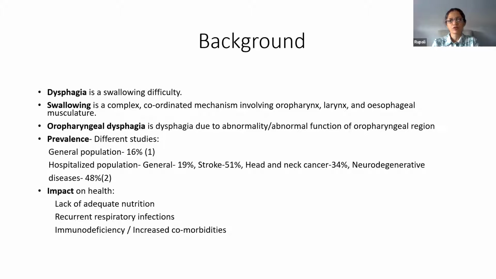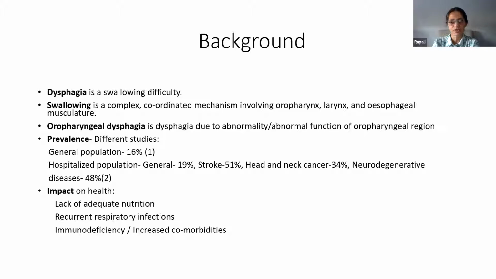About prevalence of dysphagia, many studies have quoted different numbers. In the general population, it is quoted that almost 15 to 16% of patients present with dysphagia. In the hospitalized population, 51% of stroke patients present with dysphagia, and in neurodegenerative diseases dysphagia is also common, almost 48%.